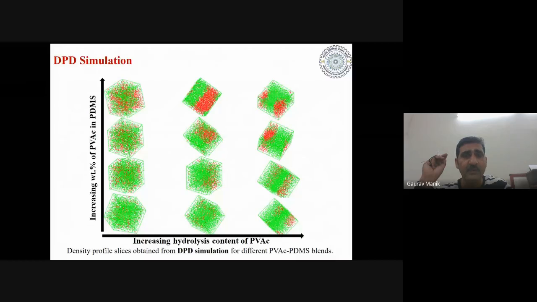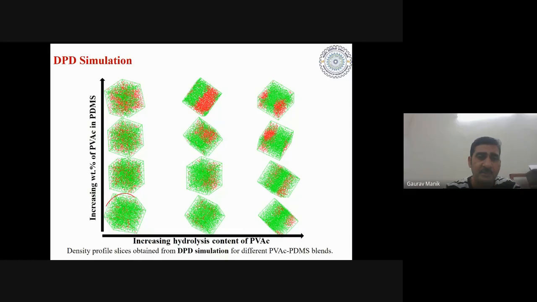Then you can even find out compatibility. These are dissipative particle dynamics simulations. The green and the blue are much more comfortable over here, whereas when you increase the weight percent of one polymer into another, you find that they tend to become incompatible.